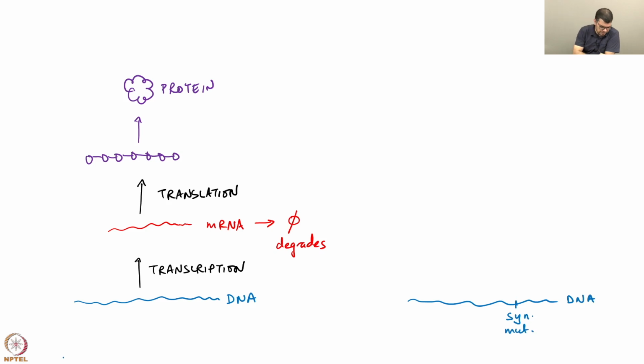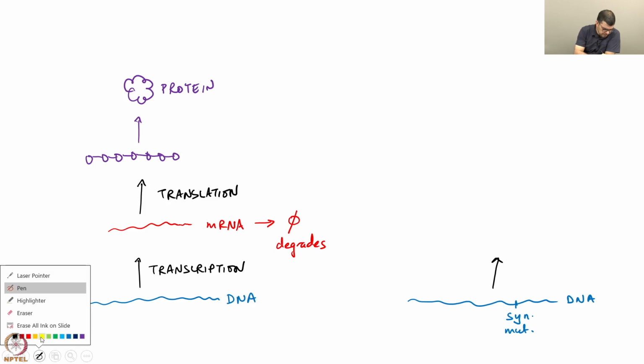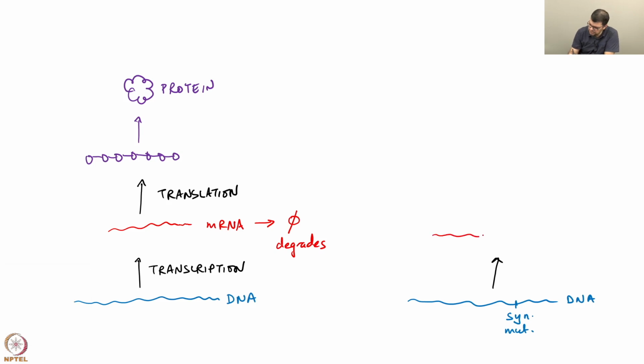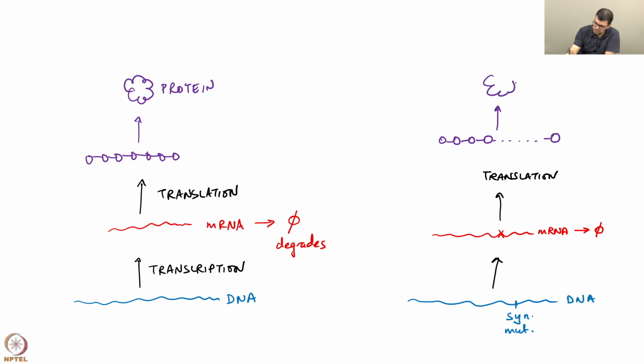Everything else is identical. So, we have transcription taking place leading to mRNA. The mRNA of course is going to be different now because of this synonymous mutation. This mRNA also is going to degrade, and this mRNA will also be translated, leading to an amino acid chain whose identity is exactly the same as in the previous case, leading to this protein.